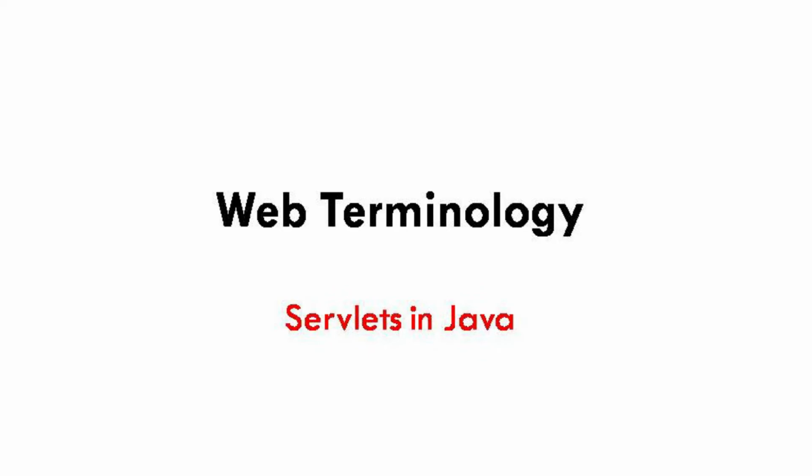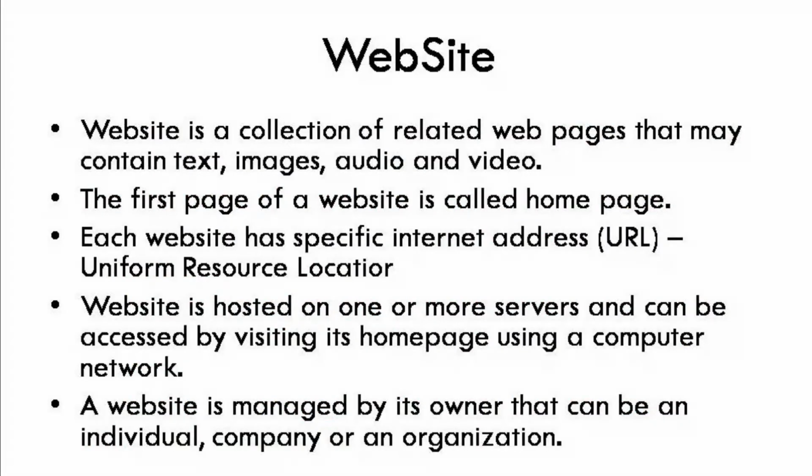Let's see what you mean by a website. A website is basically a collection of related web pages that may contain text, images, audio and video. The first page of a website is called the home page, and each website has its own address called URL, Uniform Resource Locator, and we use that URL to access that website by typing that address in a browser's address bar.